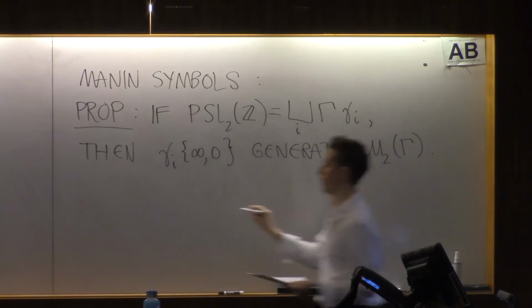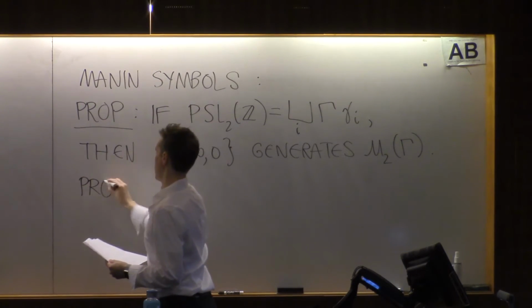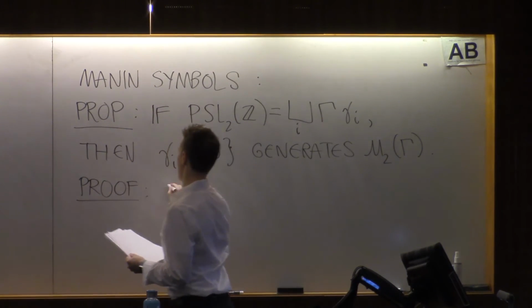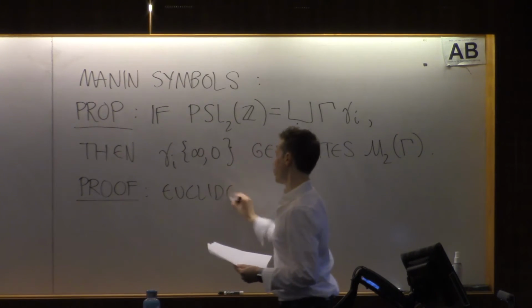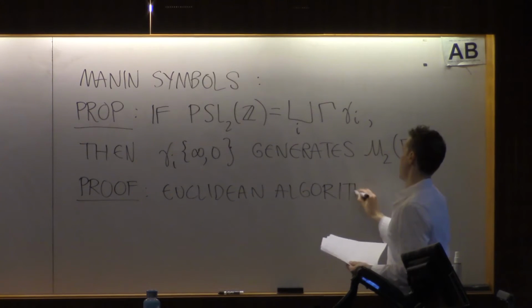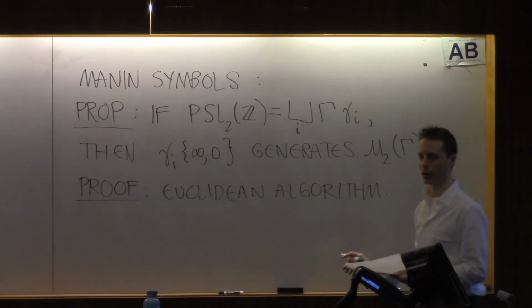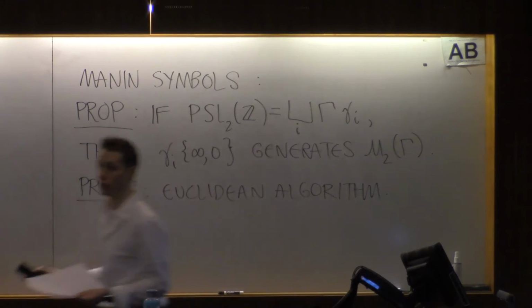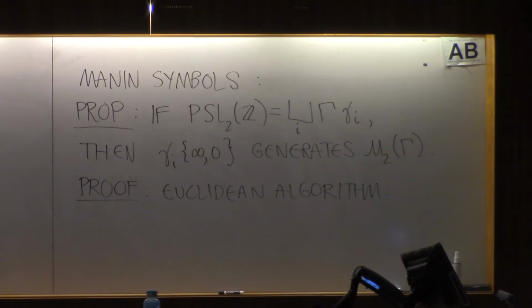So the proof is the same. You might also think about how you would capture this proposition without reproving it using the Euclidean algorithm, but instead just using that proof for SL2Z. See that there's a natural action via permutation of the cosets. Okay, you don't have to do that, you just repeat the same.